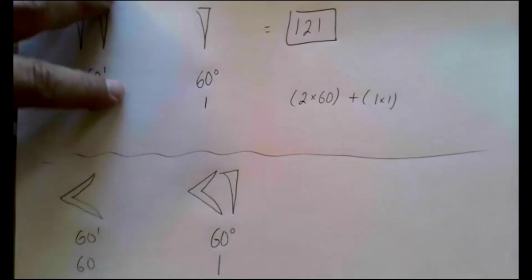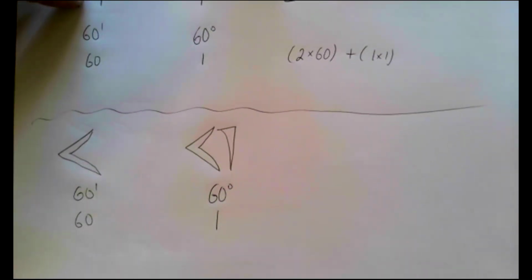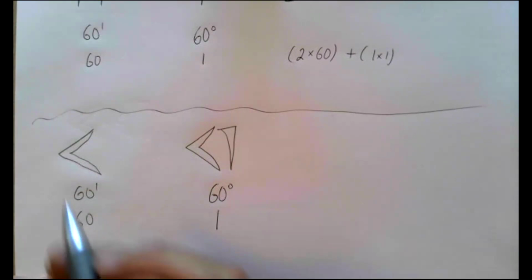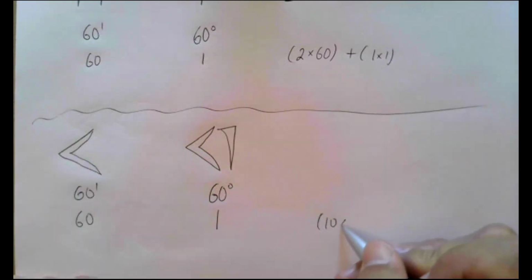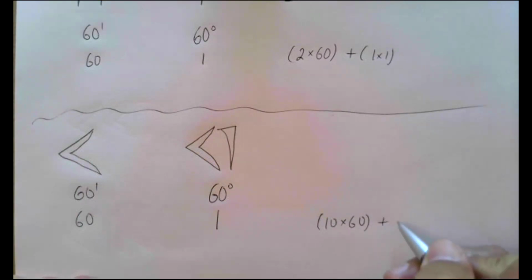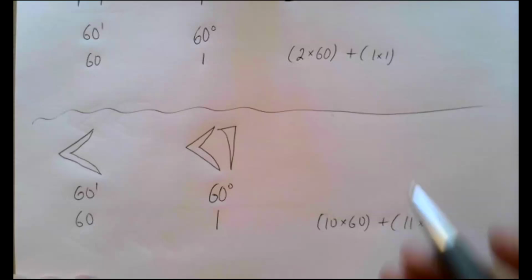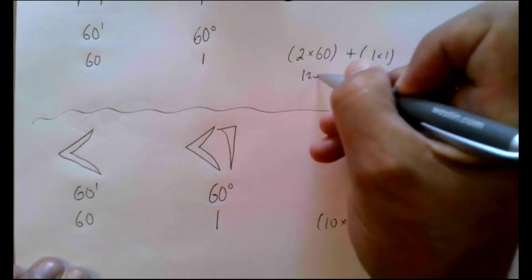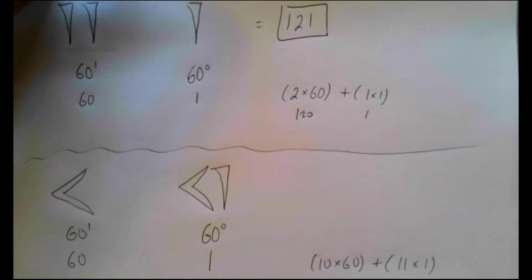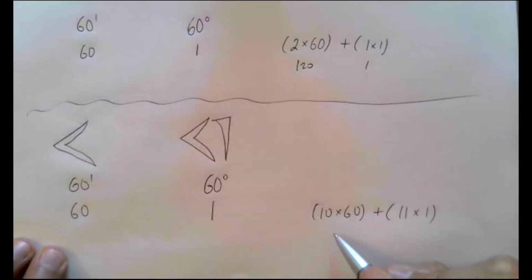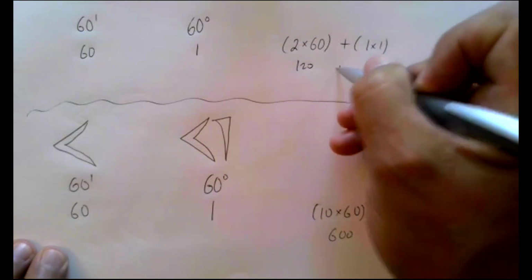Think about that. What would that math look like? Okay. I have 10 sets of 60. Let me write that over here. 10 sets of 60 plus 11 sets of 1. Up here, remember, this is 120 plus 1. That's why we said 121. Okay. Right here, this is 600 plus 11.